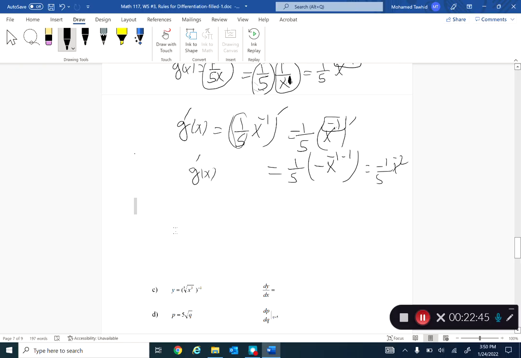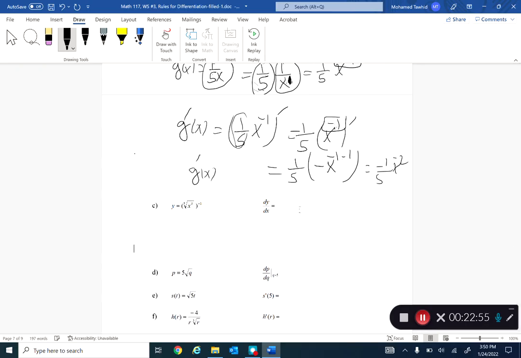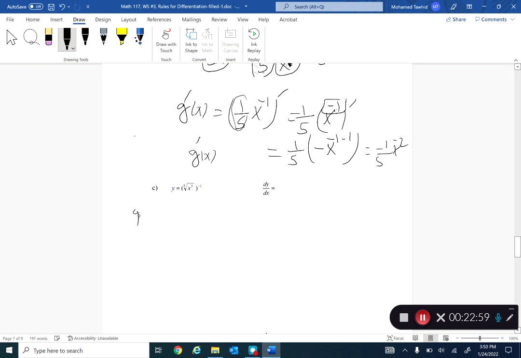Now I have to go for another type of problem. It's called the radical, how to get the derivative of a radical. So let me recall for you how to switch from radical to exponent, before I solve this problem. If you have a to the power n inside an m-th root, that's called the m root of a to the power n.